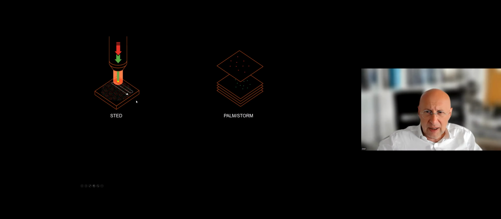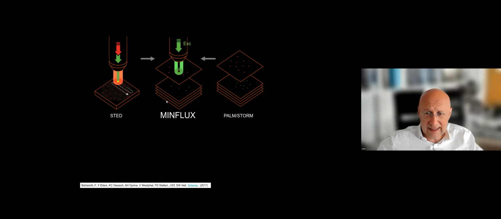So the question is, what if you combine the strengths of the two? Take the single molecules from here, from the PALM/STORM, and take the donut from the STED. And then you have the strengths of both. And this is exactly what happened in this concept called MINFLUX. You see, in this concept, we take individual molecules, we turn on and off individual molecules. So these principles of turning on and off are still critical for getting a high spatial resolution.